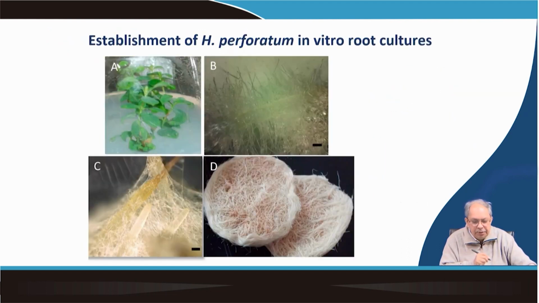It is very complex. Then Hypericum perforatum in vitro root cultures were established. This is the in vitro grown plant, and this is the root culture, and then the root cultures are grown fully. These are the freeze-dried root cultures, which are used for subsequent extraction and analysis.